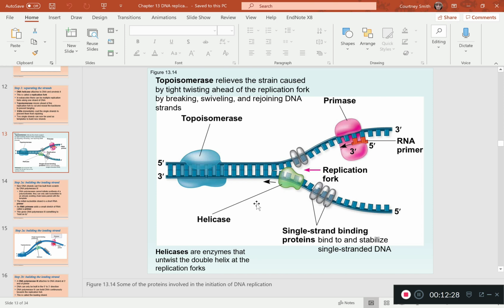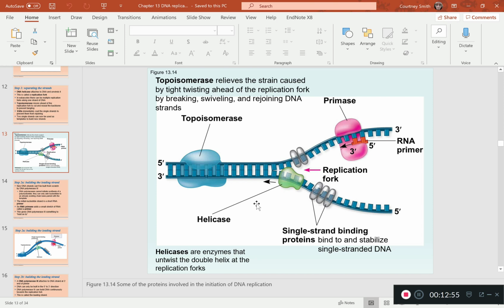At the same time, we have the single-strand binding proteins, which bind and stabilize both sides of the unwound DNA, to provide support, kind of like topoisomerase in a way. These SSBs anchor the DNA, and they also keep it from coming back together.